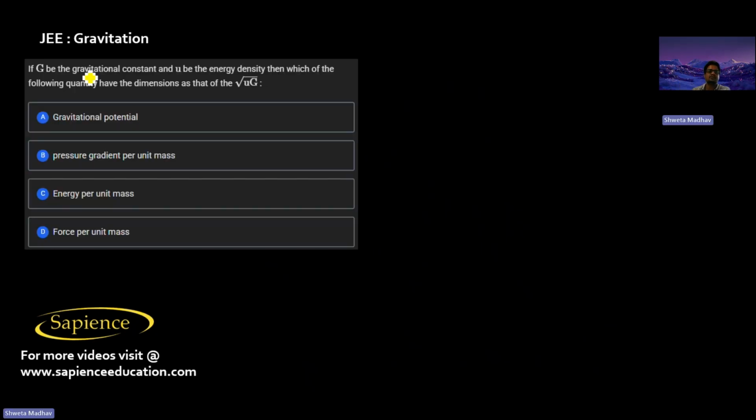And here it is told if G be the gravitational constant and U be the energy density, then which of the following quantities have the same dimensions as that of square root of U into G. So square root of U into G, U is the energy density, which is energy by volume.